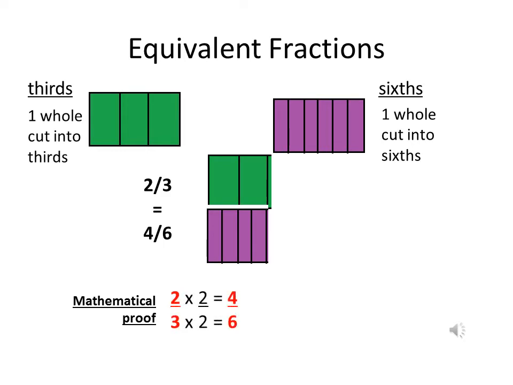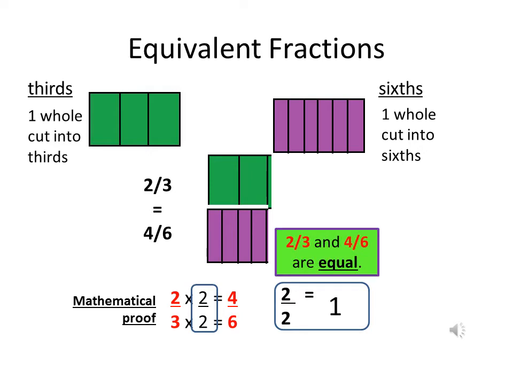In other words, 2/3 and 4/6 are equivalent fractions. When you multiply 2/3 by 2/2, you keep the same value because 2/2 is equal to 1. So it's like multiplying 2/3 by 1. It still equals 2/3, but it is written as 4/6. 2/3 and 4/6 are equal.